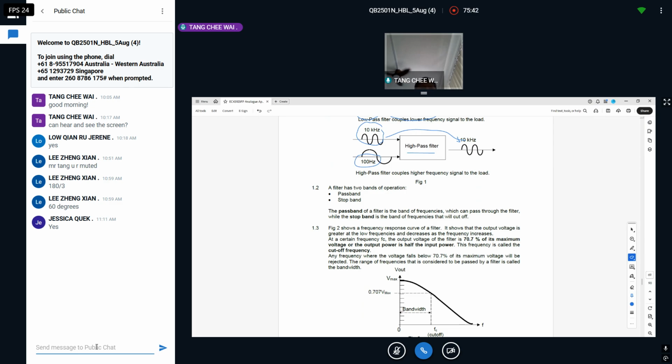There's a very quick sentence here that describes it, same as what I just told you. One will allow it to pass through, that's why they call it a pass band. And one will stop it or cut it off, that's why they call it a stop band. They are both opposites. Okay, we move on.